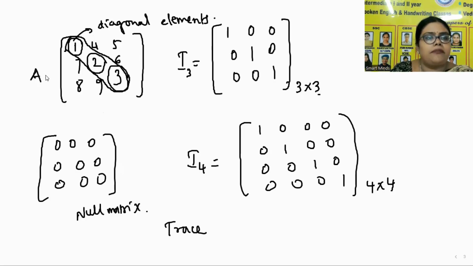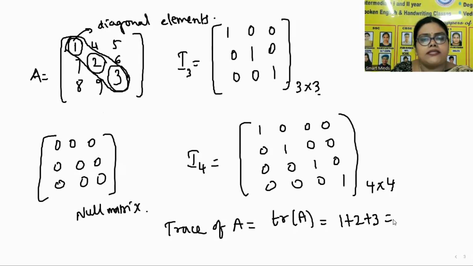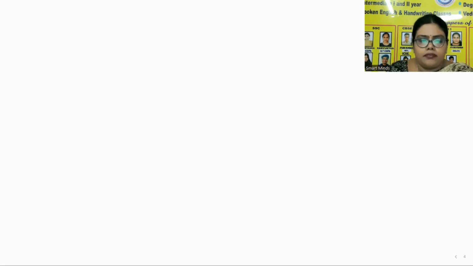Suppose this is A. So the trace of A can be written as TR of A, that is, we are adding all principal diagonal elements. We got it as 6. Understood? Now I have already told you about addition, subtraction and multiplication. Now let us discuss the triangular matrix.